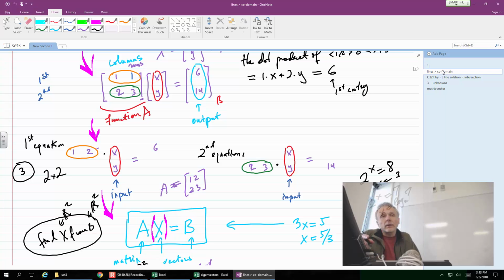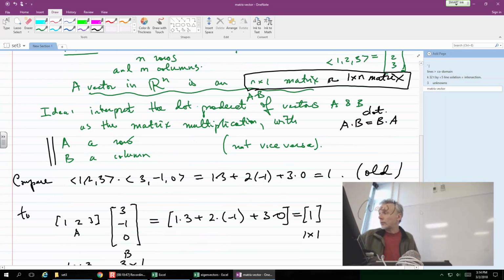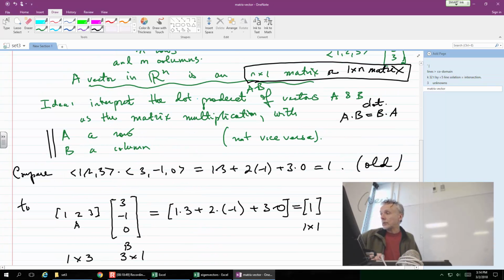Each dot product gives you an entry in the resulting matrix. But here we concentrate on one at a time, not two simultaneously. First equation, second equation, that's where it came from, but rather just one at a time. And the result is one single number, just as the dot product is supposed to produce.